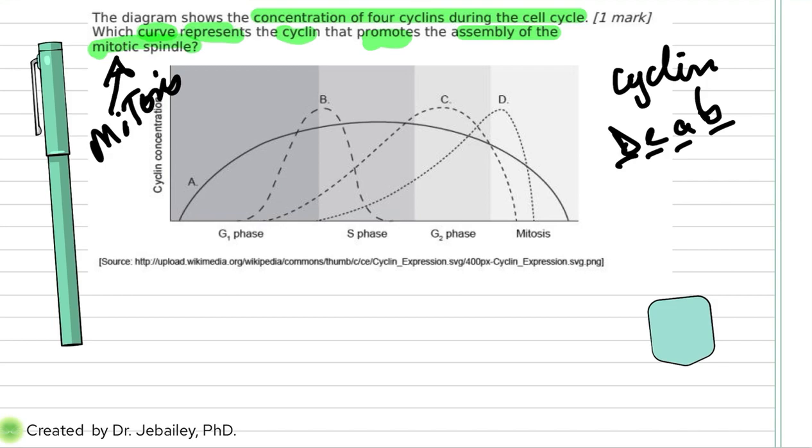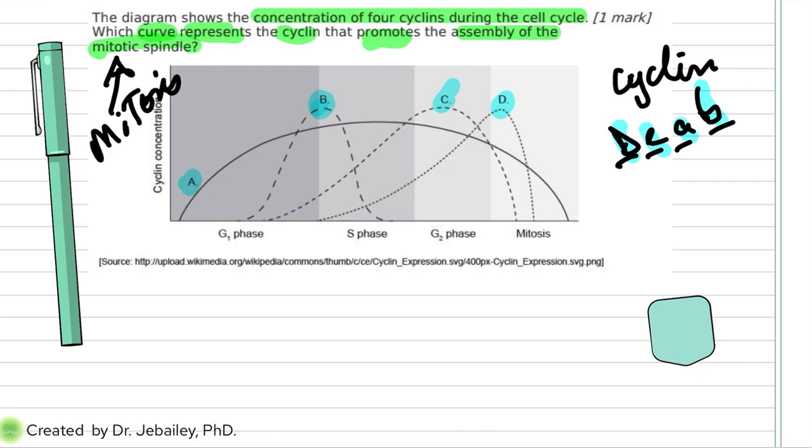When you look at this, we have four options. It could be A, B, C, or D. It doesn't even ask if it's cyclin D, E, A, or B. You just look at the lines. But before I even get to these lines, let's learn a bit about cyclins again for those who don't know.